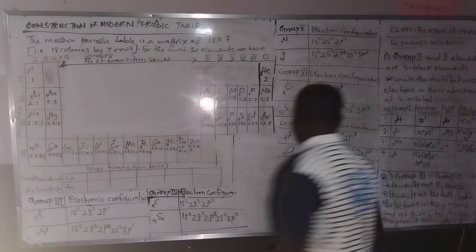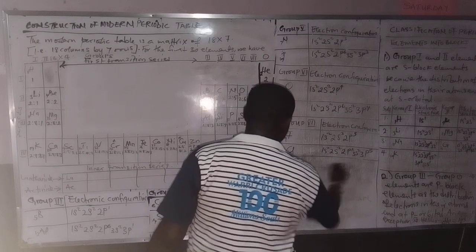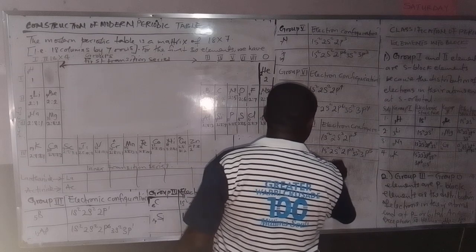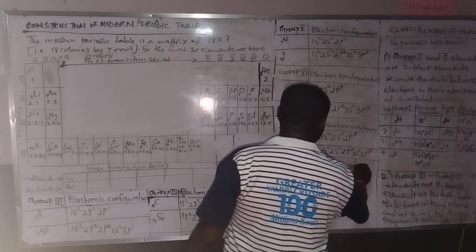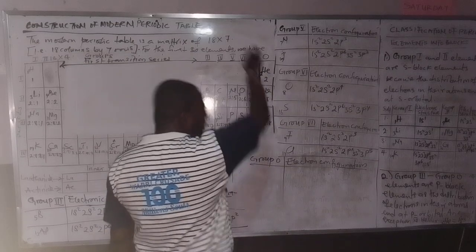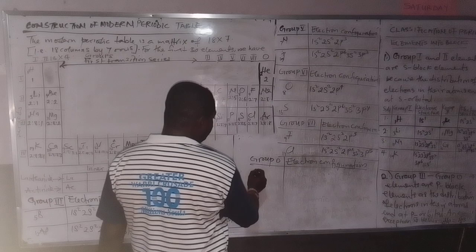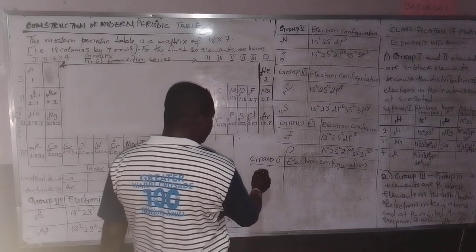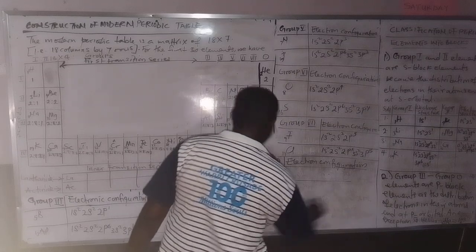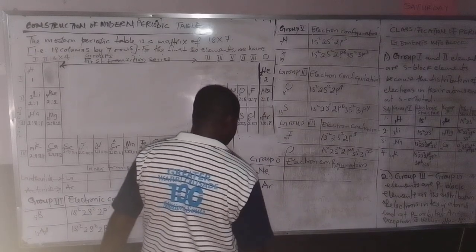So then I have group 0. For group 0 and electron configuration, I told you the only exception to this is helium, which is s block, residing in p block. So we have neon and argon. Neon 10, and argon 18.